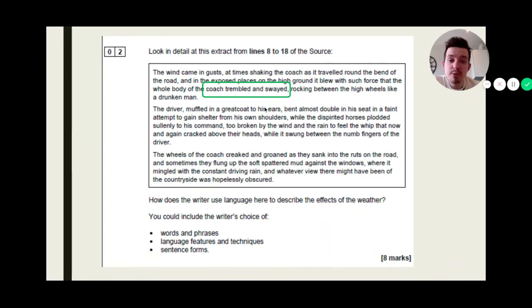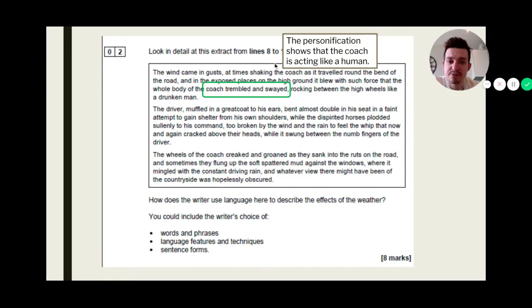Here is an example of a bad bit of analysis. The personification shows that the coach is acting like a human. Now, yes, it has identified the technique there, but ultimately it hasn't been specific because every single version of personification shows that something is acting like a human, but that doesn't do anything in particular for this.